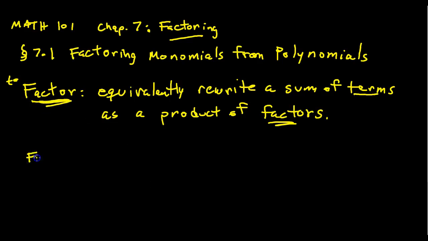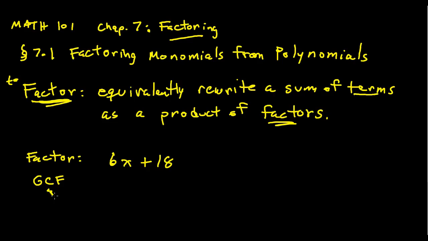Let me give you an example here. If we ask to factor, let's just start with something simple, 6x plus 18. Well, your first task should be to spot the GCF, greatest common factor, and C is the major word here. C for common.